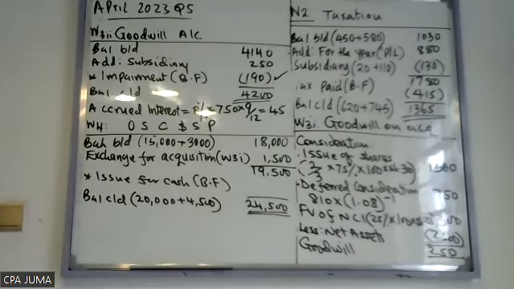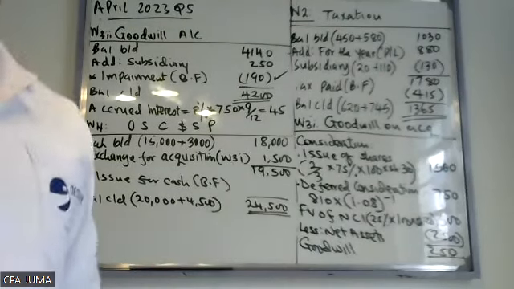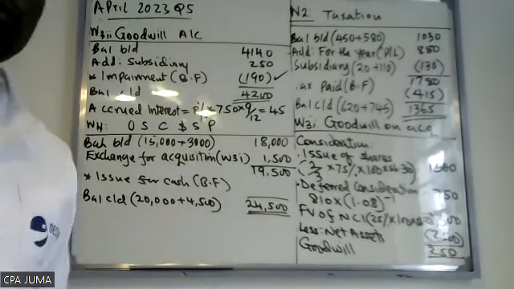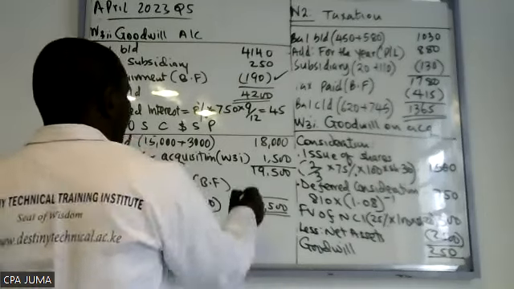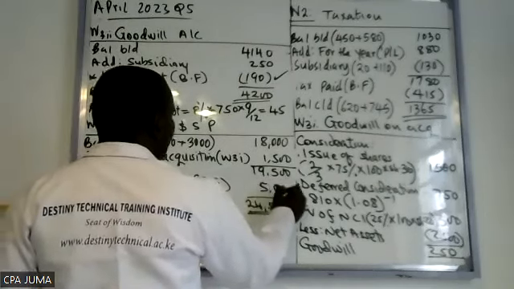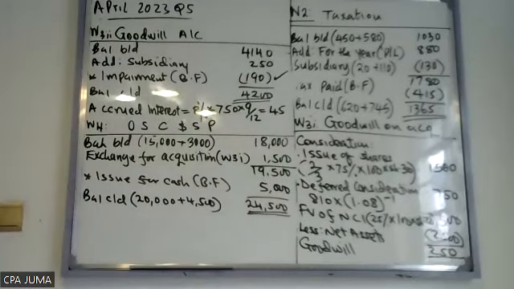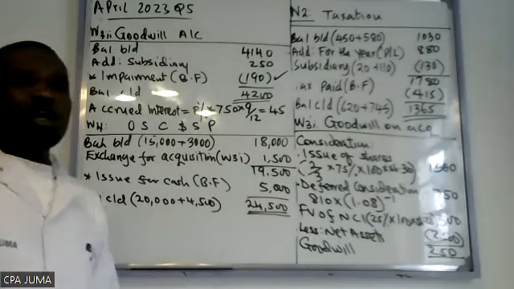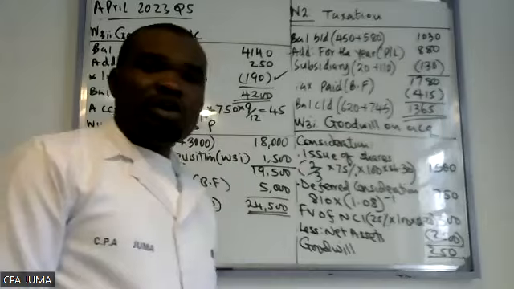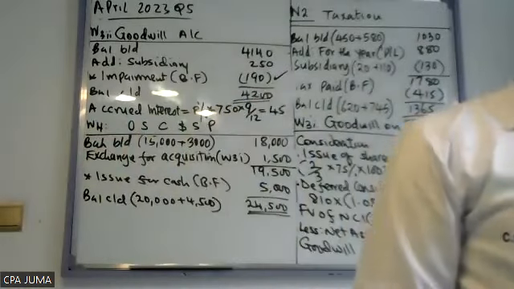It is 5,000. Is that 5,000? Yes. So this is 5,000. As simple as that. So ordinary is gone. We need to check retained earnings and NCI.